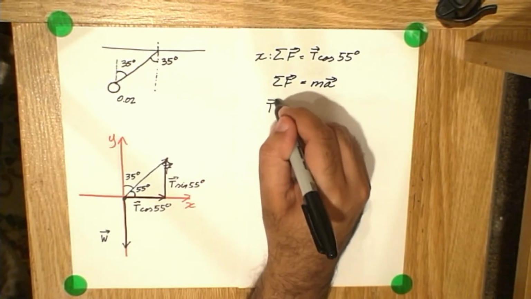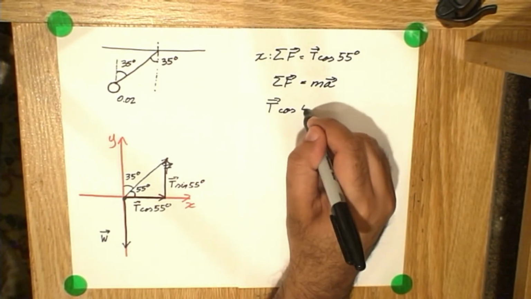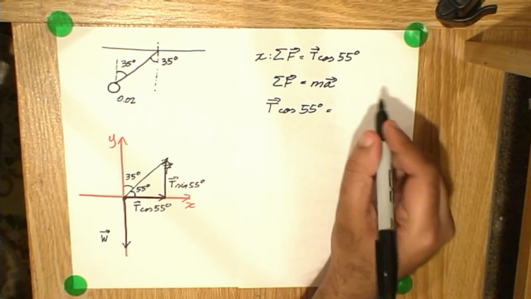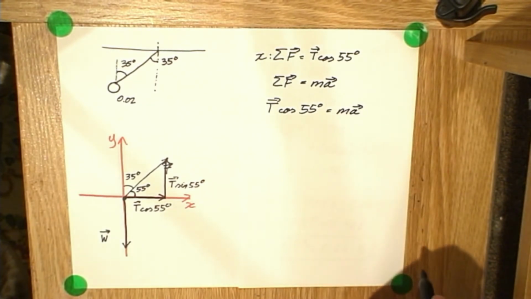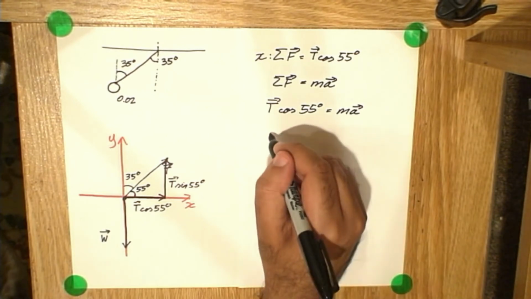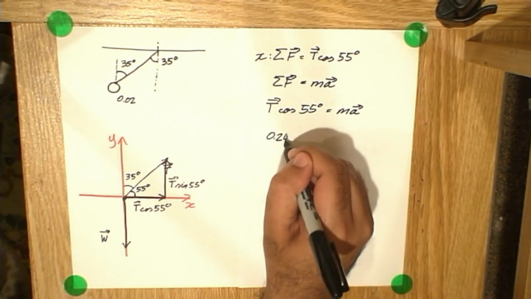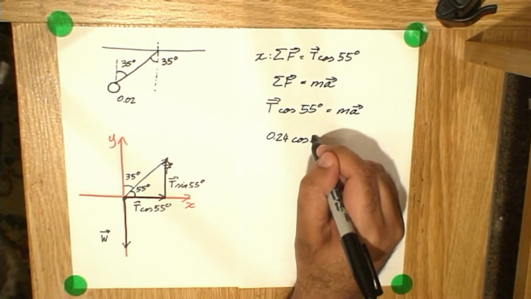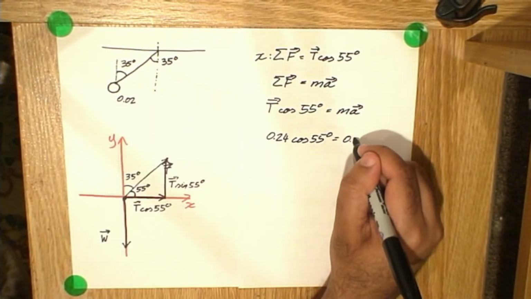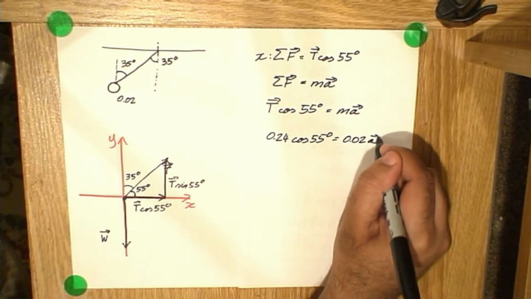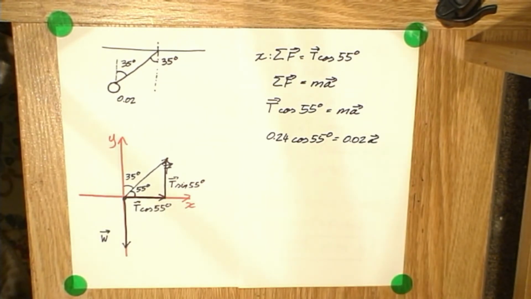So that means that T cos 55 degrees is equal to mass times acceleration. Now, the tension was 0.24. Cos 55 degrees is equal to the mass, 0.02, times acceleration. Now let's go ahead and solve this.